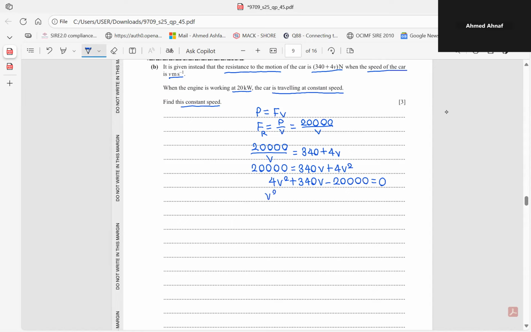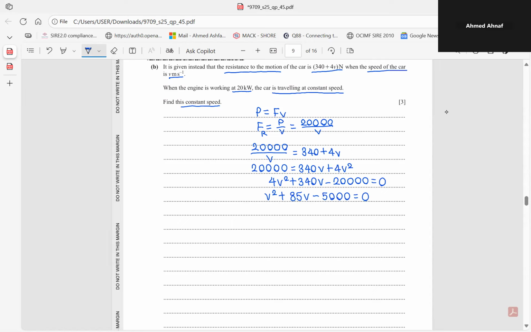And now we're going to divide all the coefficients by 4. So V squared plus 85V minus 5,000 equals 0. So now we have a quadratic equation to solve, and we're going to try factorizing it, or you could use the quadratic formula, up to you.